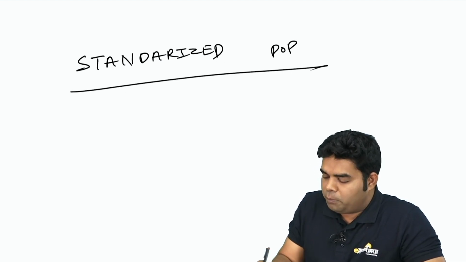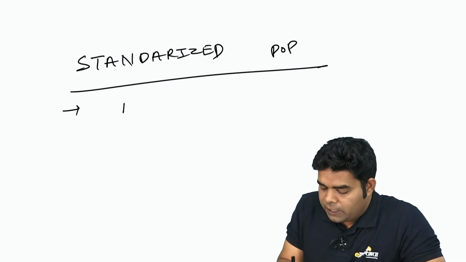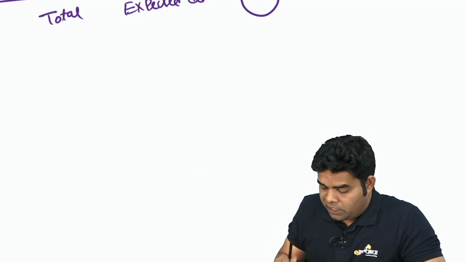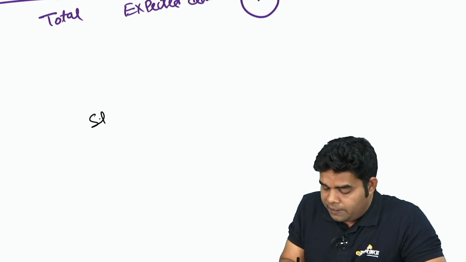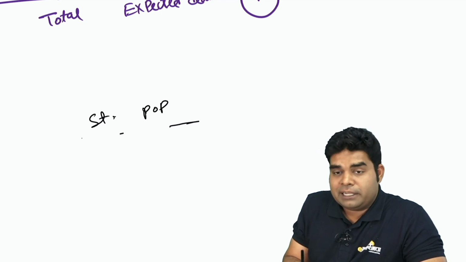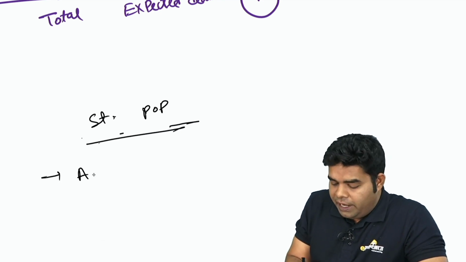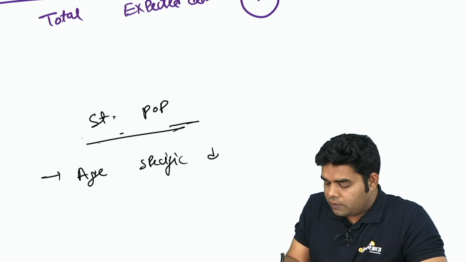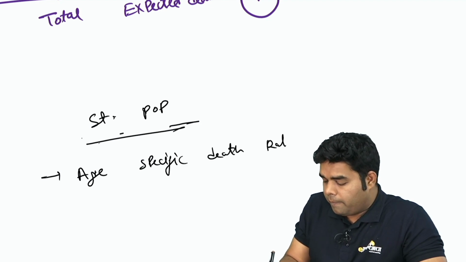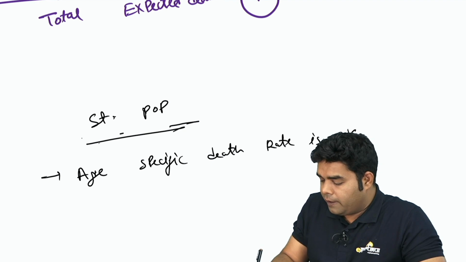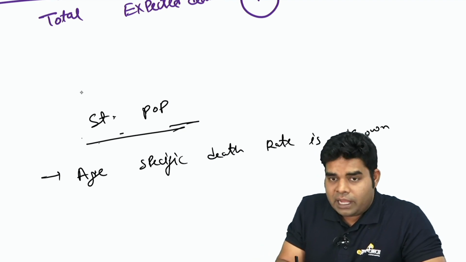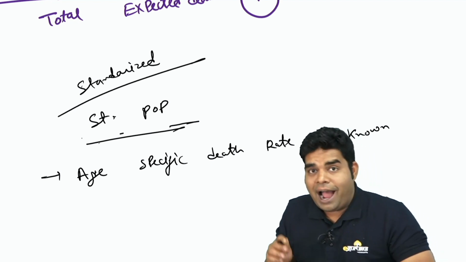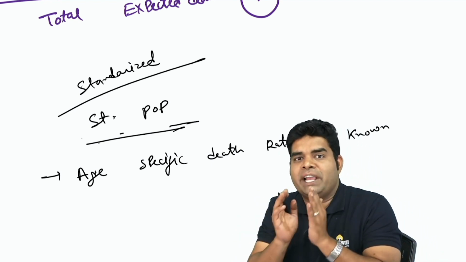A standardized population is something in which age specific death rate is known. Okay. And a population is standardized when you compare it with some fixed standard.